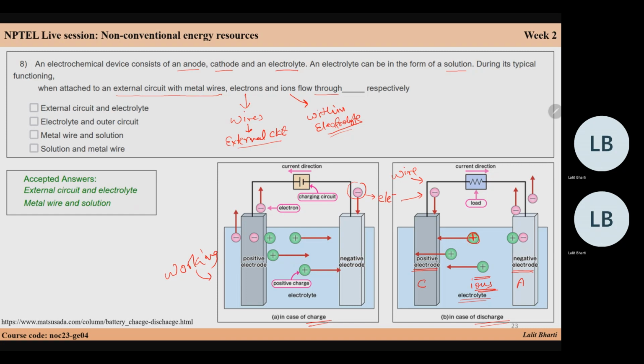So the option will be electrons in the external circuit, ions in electrolyte, correct? Or we can also say electrons in the metal wire and ions in the solution or the electrolyte solution. Right. So the first and third options are correct.